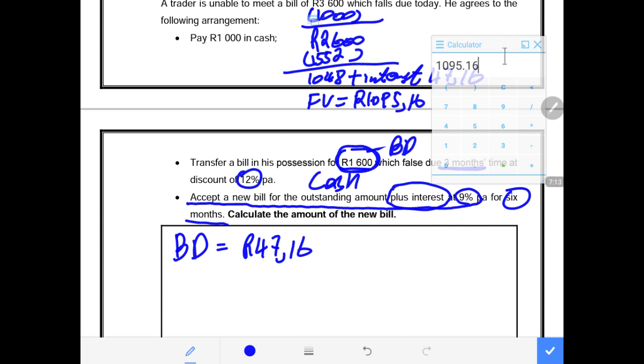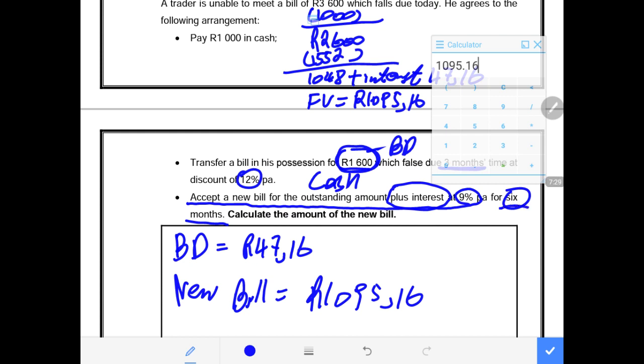So that when he accepts this new bill of 1095 rand 16 cents, the bank, and remember, is going to discount it now, yet it is due in the next 6 months.